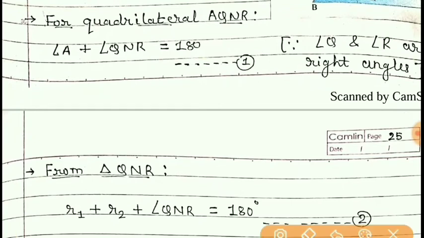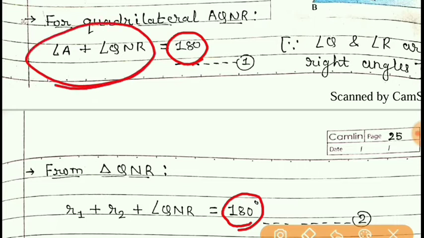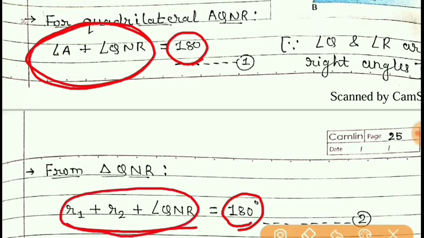Here in equation number 1, the right hand side is 180, in equation number 2 the right hand side is 180 only. So we can say that the terms on the left side of equation 1 should be equal to the terms on the left side of equation number 2, and in both these, QNR is common, so cancelled.